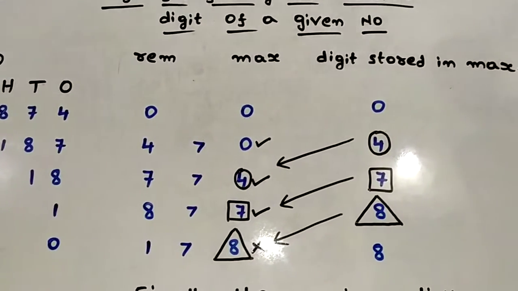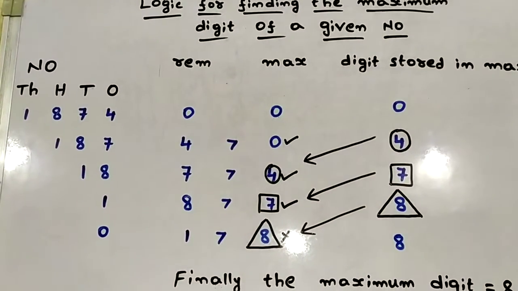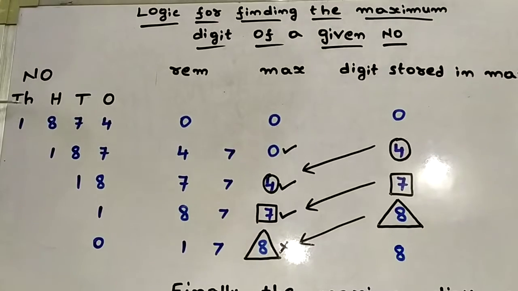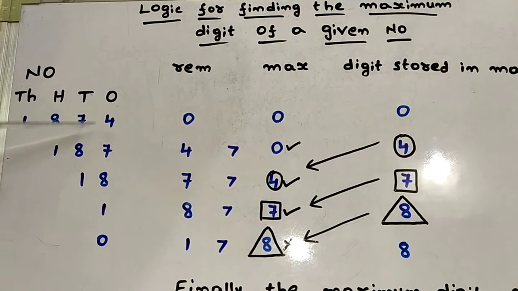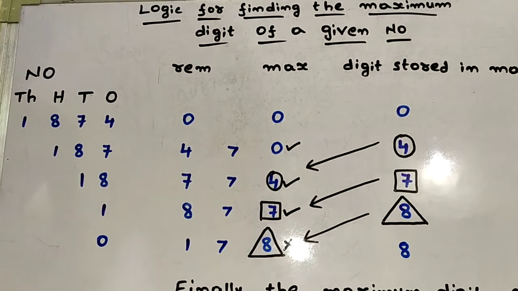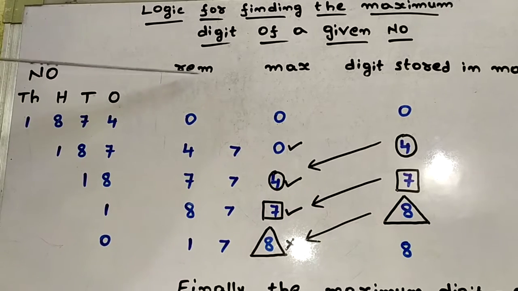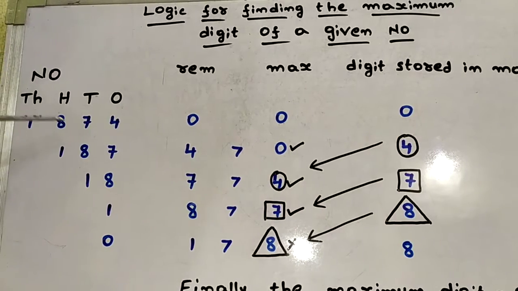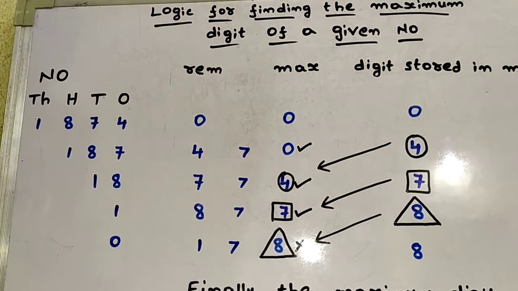Let us take the same example, 1874. That 1874 consists of 4 in the 1's place, 7 in the 10's place, 8 in the 100's place, 1 in the 1000's place. Let us take the variable called REM. This REM stores the units digit of the given number.